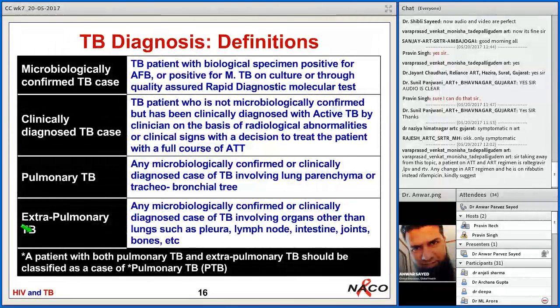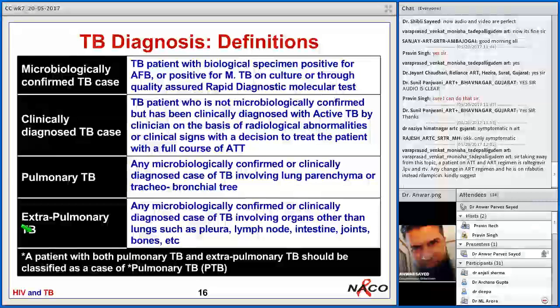There are different program definitions, that is, microbiologically confirmed. That means, as the name suggests, you are confirming the TB bacillus through CBNAAT. Clinically diagnosed means you are not confirming by seeing the organism. You are relying upon investigations like chest X-ray or USG abdomen or any other radiological investigation like CT scan.